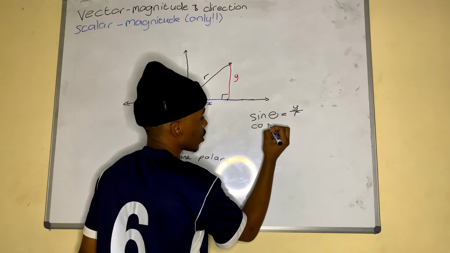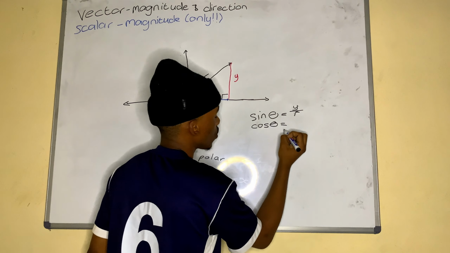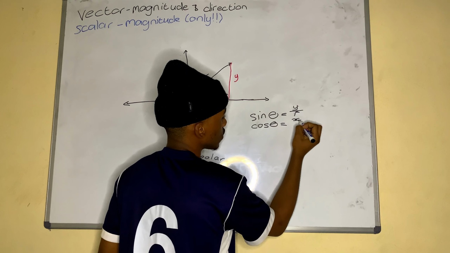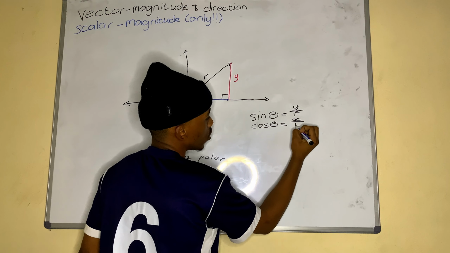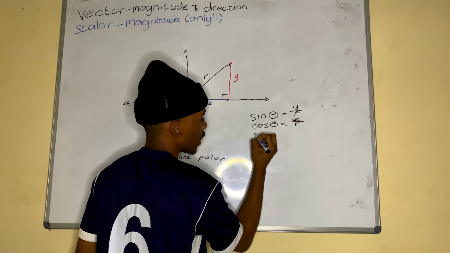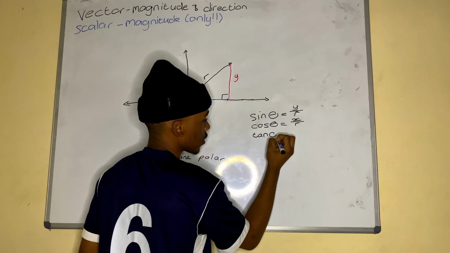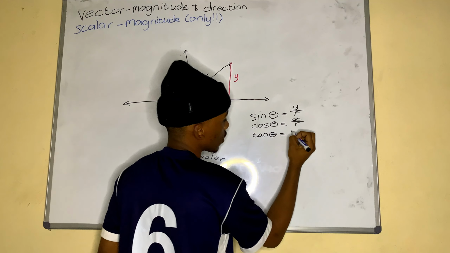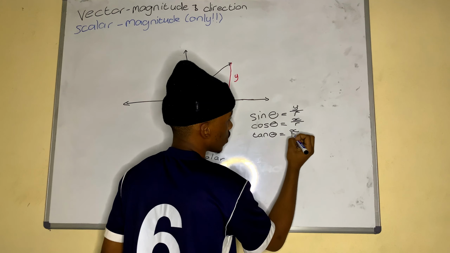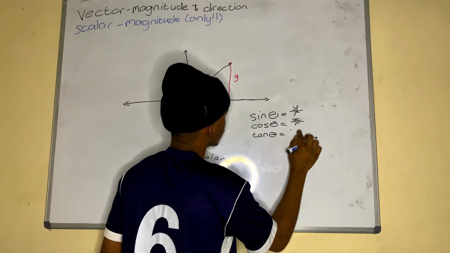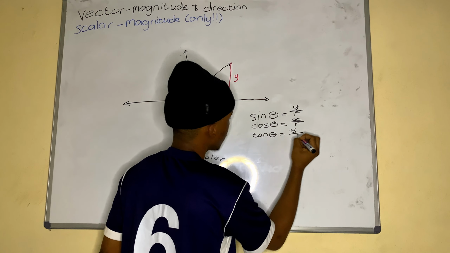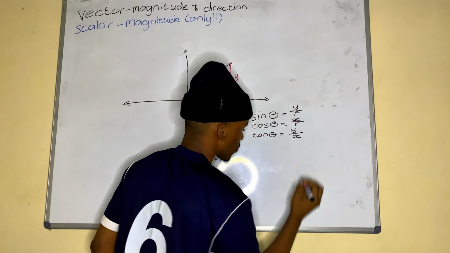So cos theta would be x over r, and then tan theta would be y over x.